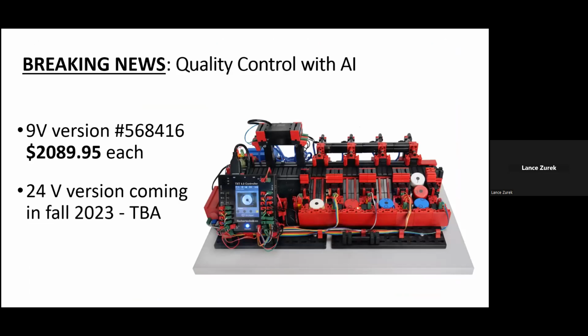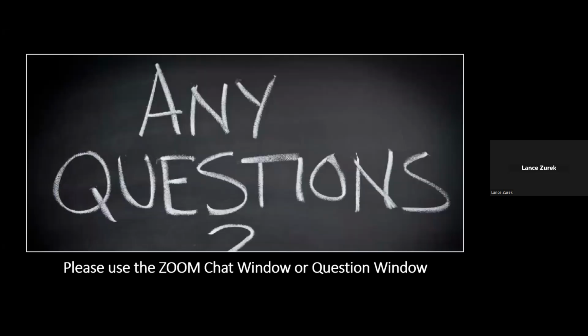Currently, it is a 9-volt version only that is available, at $2,089.95 per unit. The 24-volt version is not available at this moment, but we are expecting it in fall. So the pricing and the availability will be coming on that.